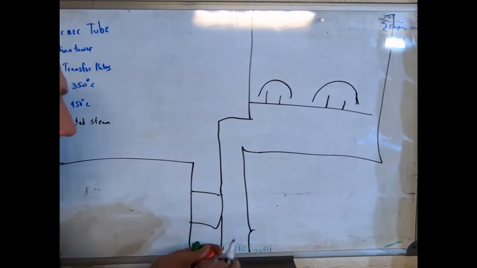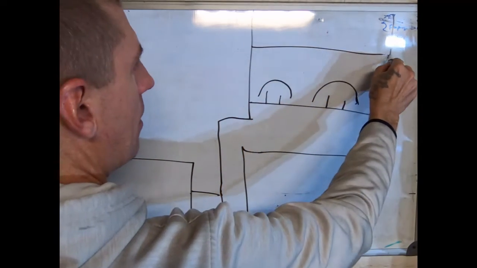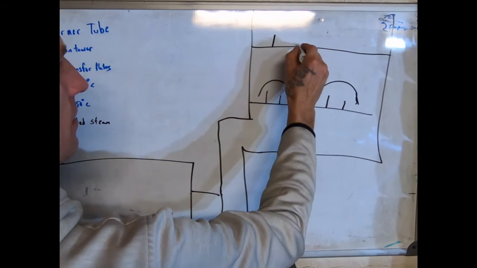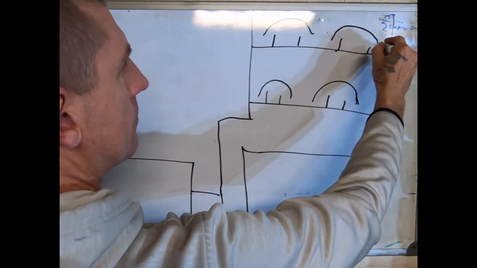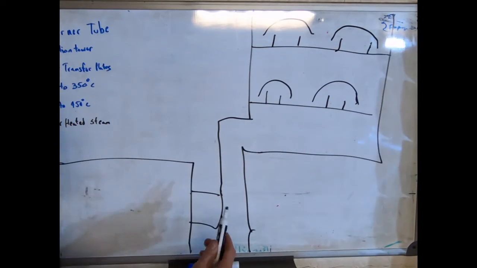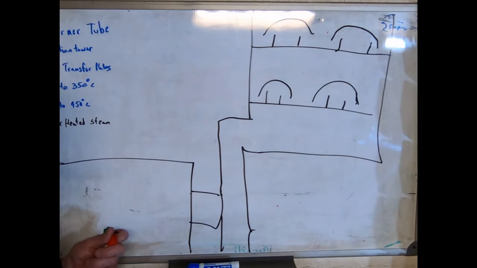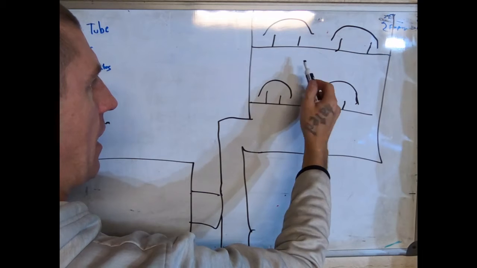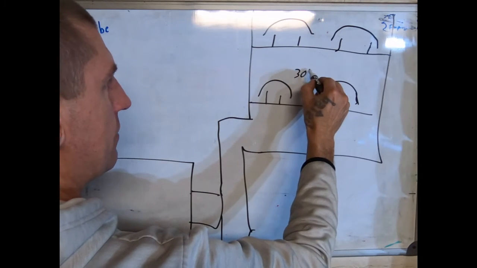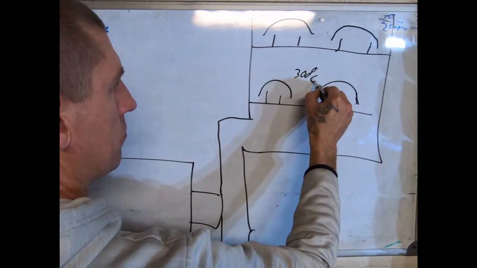And what would happen is they're stacked like this. And as the tower gets taller, the boiling point of the material is lower. For instance, this would be the, say, 300 degrees Celsius zone.